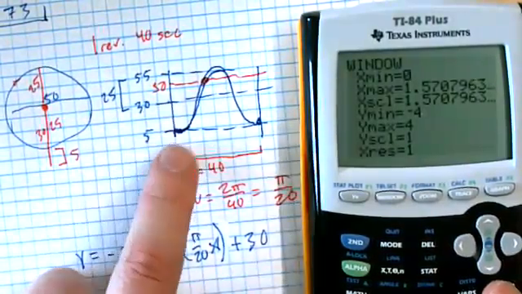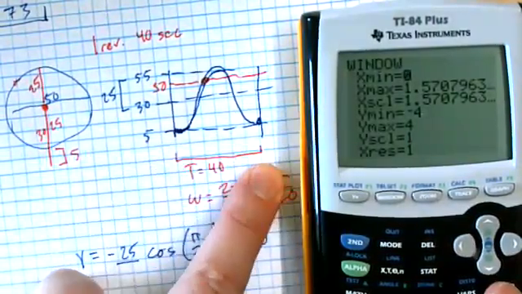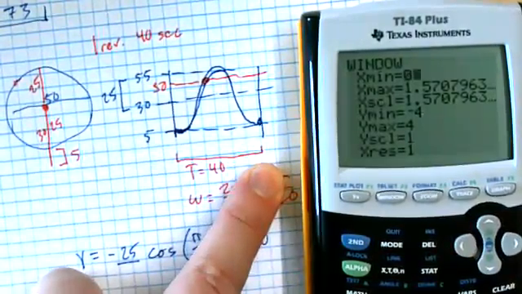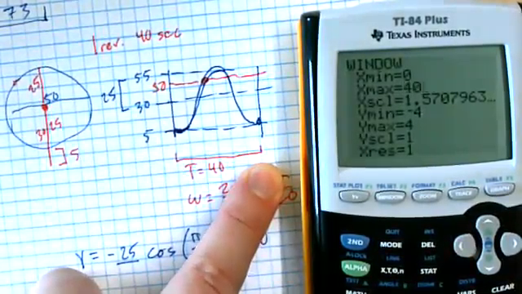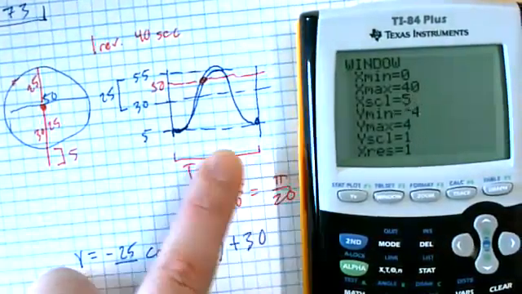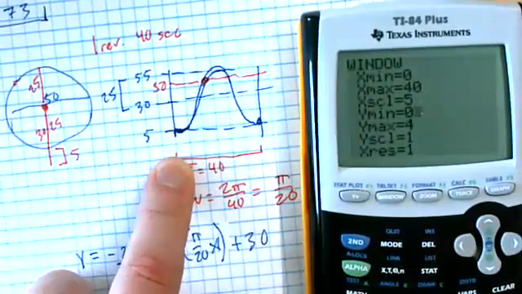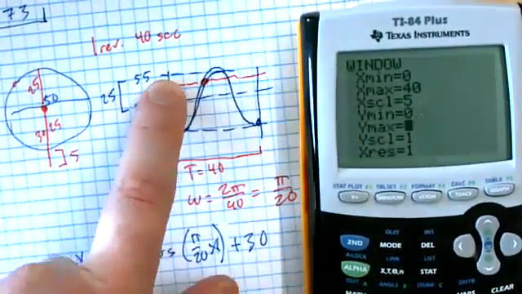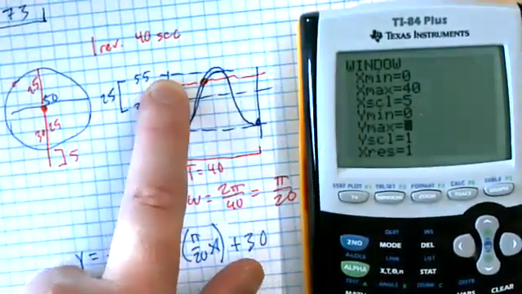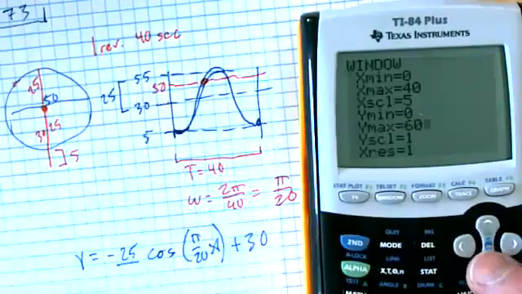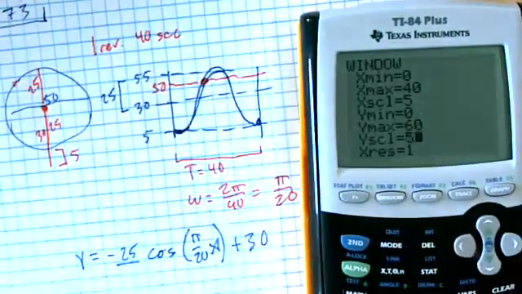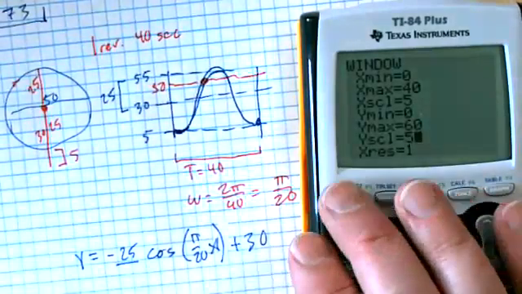Let's see, my x's, I want to go from 0 to, I think I'll just do one period, so 0 to 40. We'll go up by 5s. Y, I'll go ahead and go from 0 to, it's going to top out at 55. Maybe I'll make it go up to 60, and maybe make that go up by 5s also. That should do it.